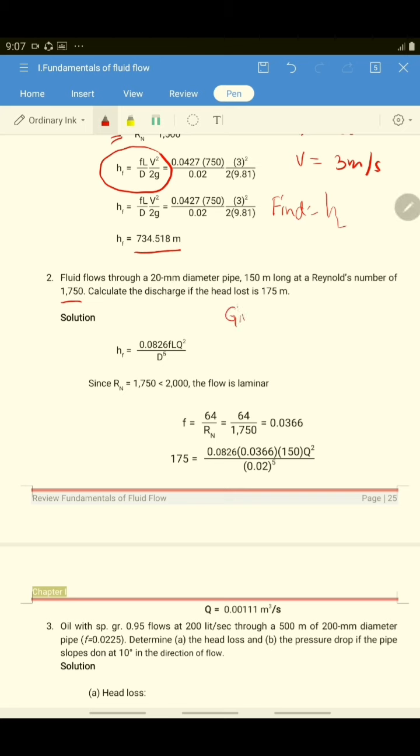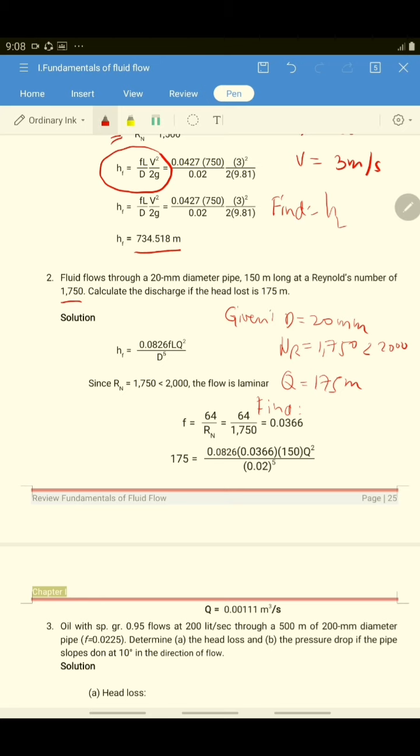So I will advise you to list down all the given. For the given, we have the diameter, 20 mm. Then Reynolds number, 1,750, and this is less than 2,000. Then the discharge is 175 meters.